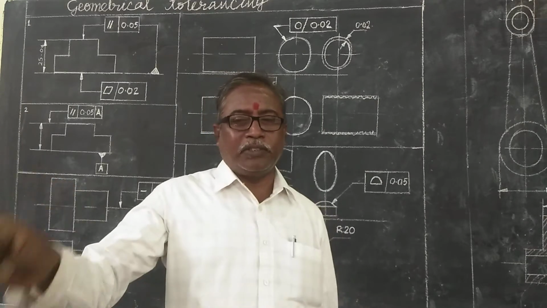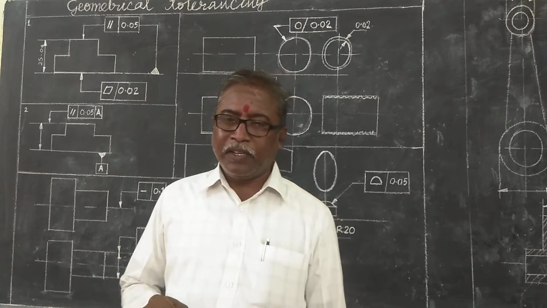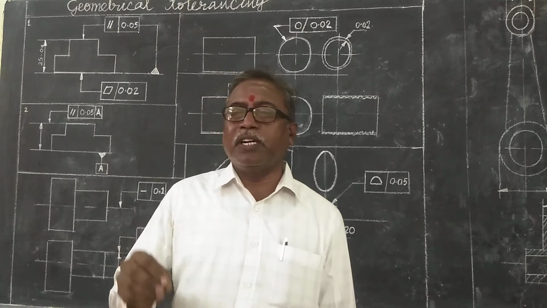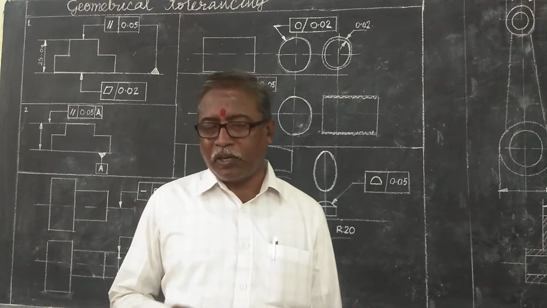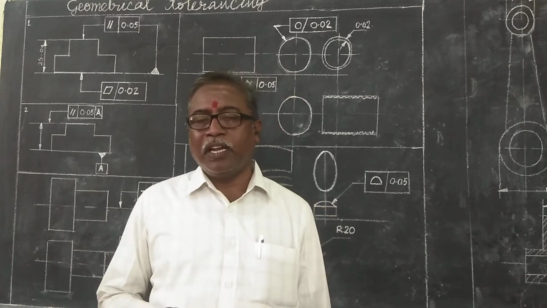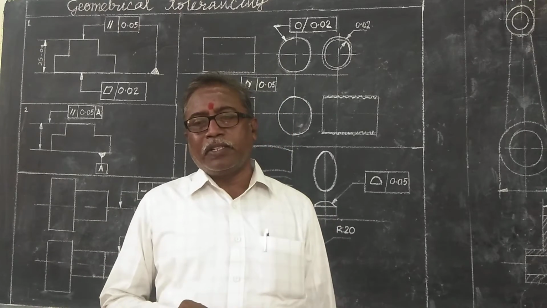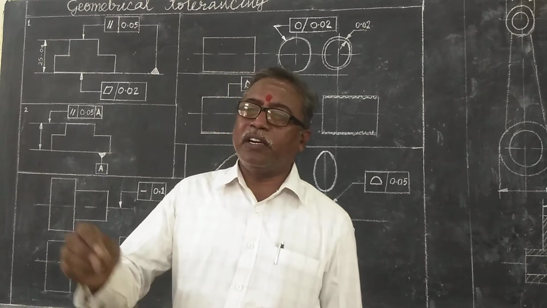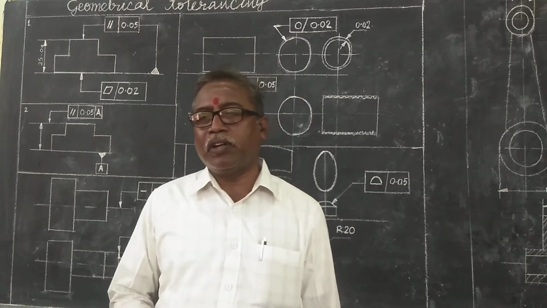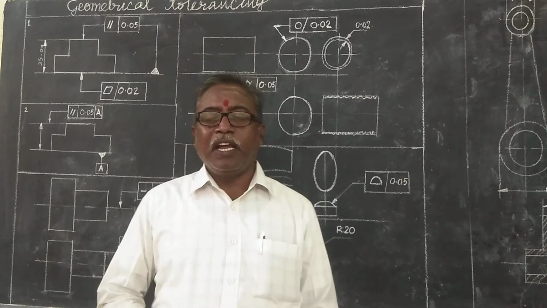This chapter is geometrical tolerance. So how they will give the geometrical tolerance, what is the purpose and what is the shape given for that, and how they will decide that into groups, this we are going to discuss.